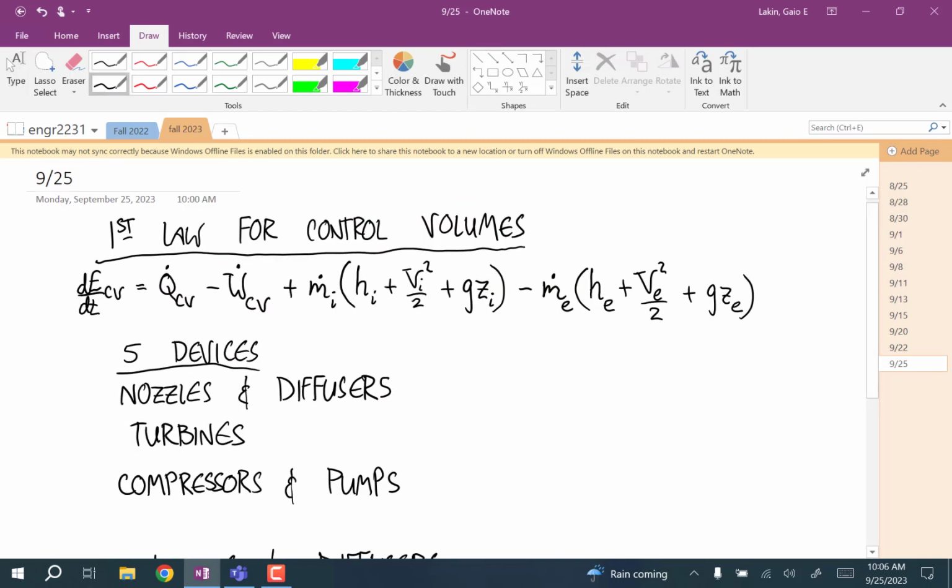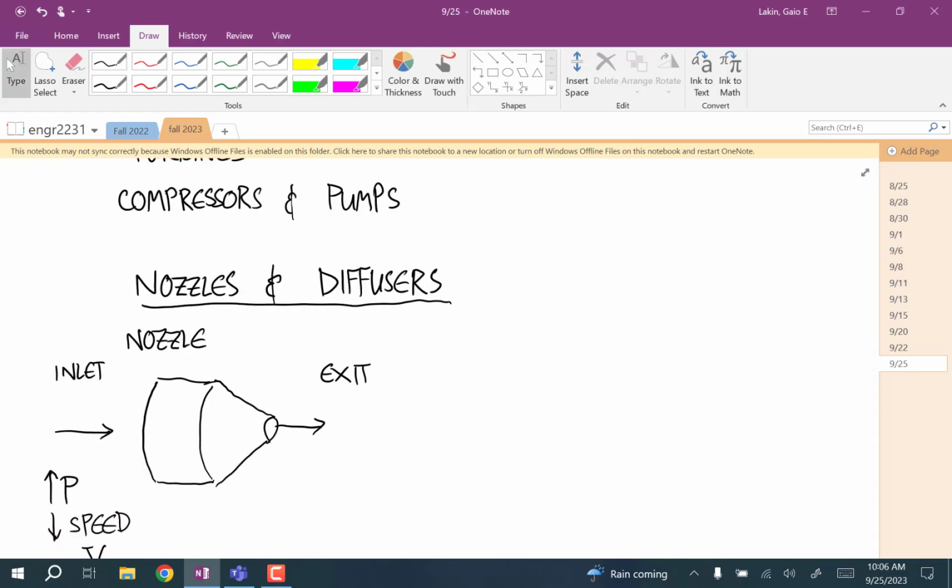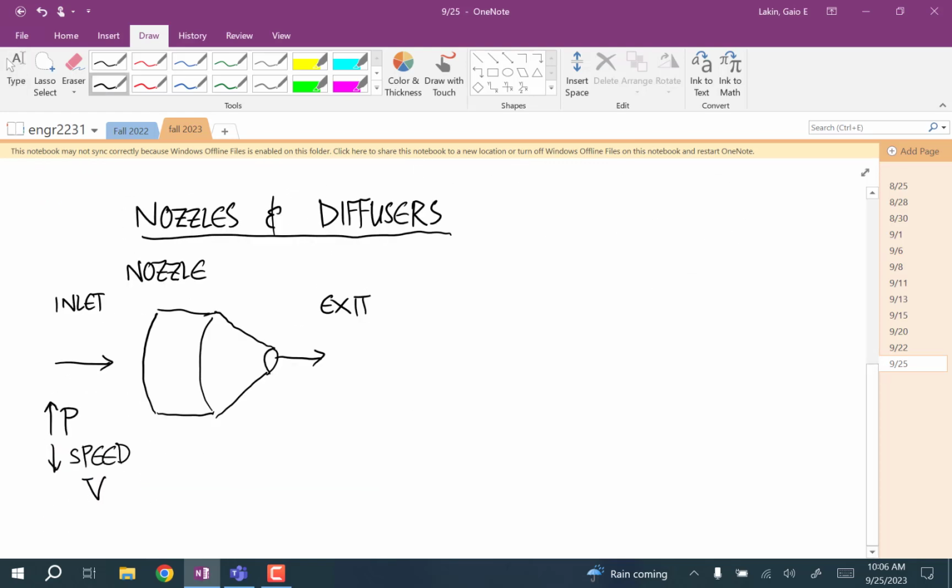We use it for volume, but for this, we're using it for speed. And then at the exit, the purpose of a nozzle, well, it does get the pressure down, but we tend to use it just to increase the speed. So you have a big exit velocity.